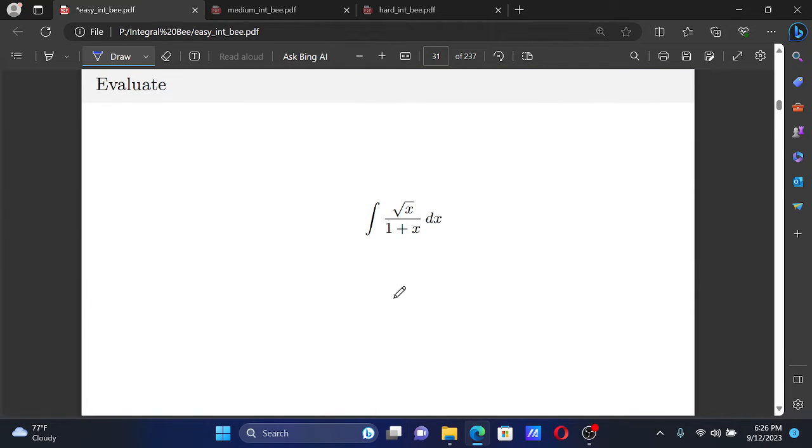For this next problem we can just let root x be y. Then we have y square equals x, so 2y dy equals dx.